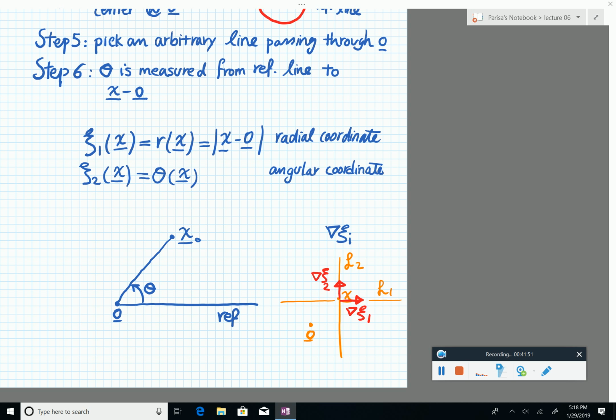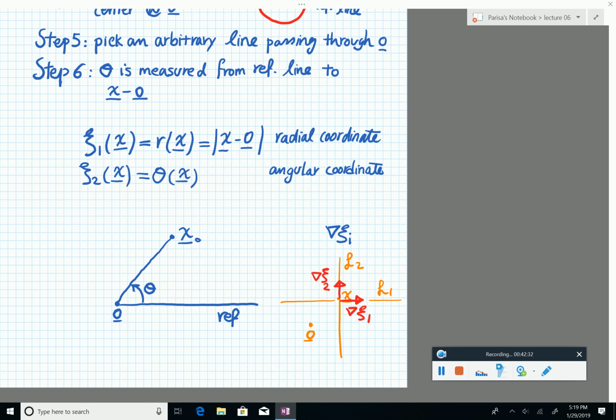L1 was the line where the first coordinate could vary, right? The second coordinate, you would fix to be exactly the coordinate of the point that you are looking at. So in this case, I'm looking for a curve where the first coordinate can be the coordinate of this point x0 plus or minus something, and the second coordinate has to be exactly theta. What kind of curve is that?